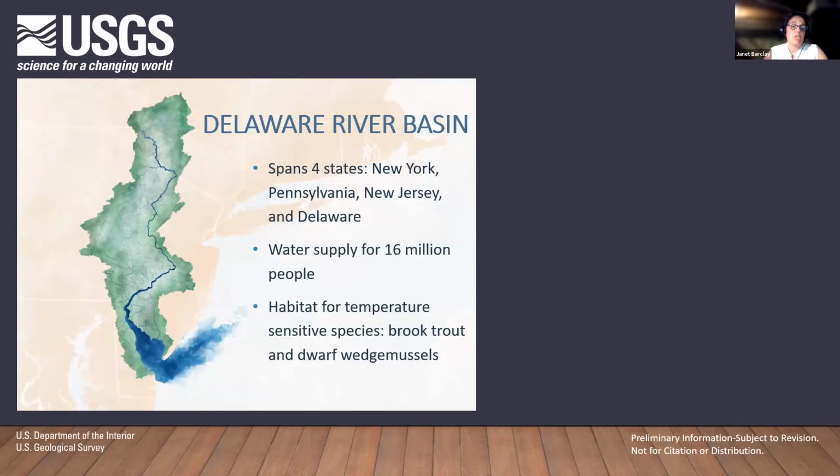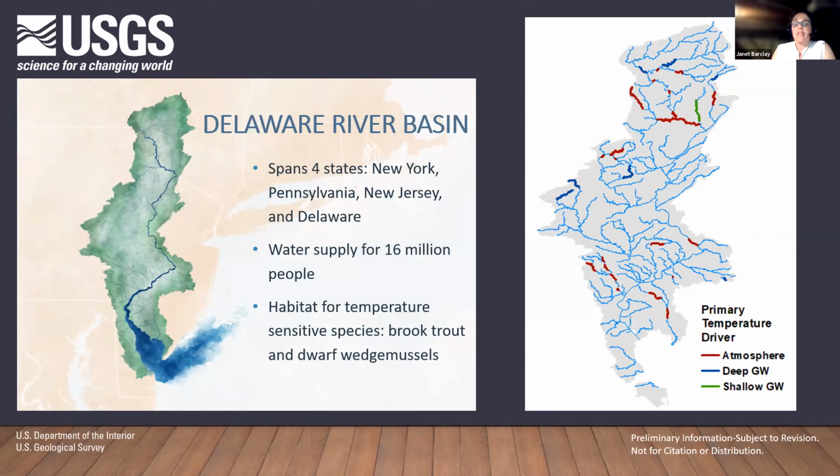As Sam mentioned, it's also habitat for some temperature sensitive species, in particular the brook trout and dwarf wedge mussels. This is a map of the river network in the Delaware, and the thicker plotted streams in red, blue, and green are those where we have enough temperature data that we can classify them based on the primary temperature driver.